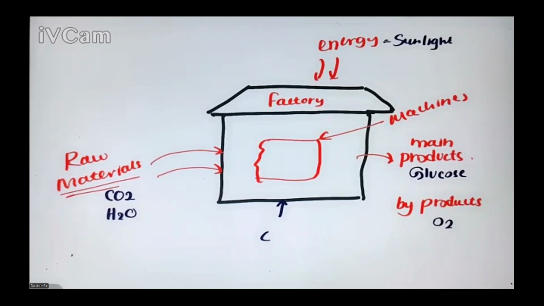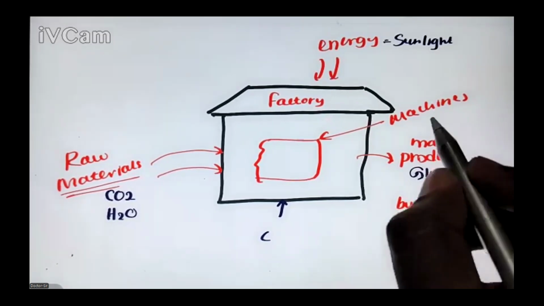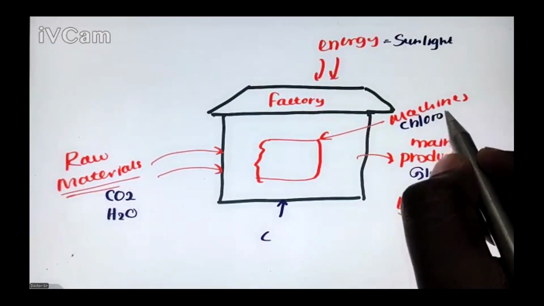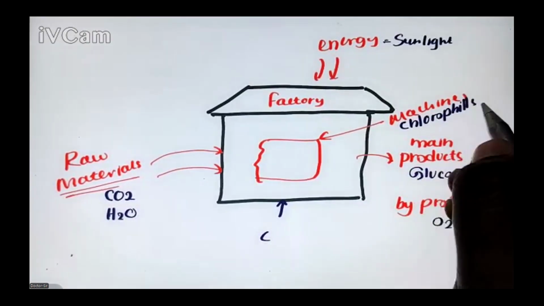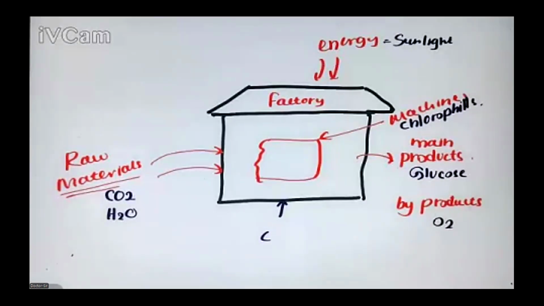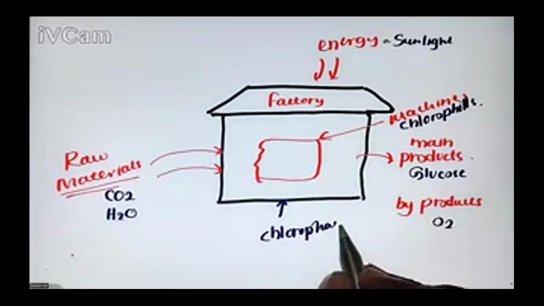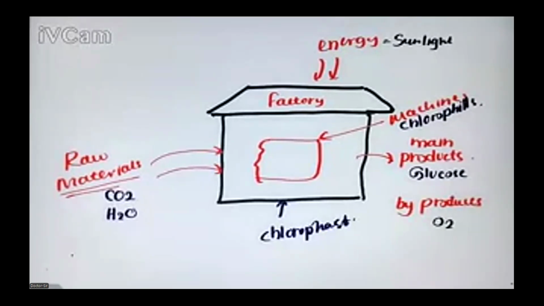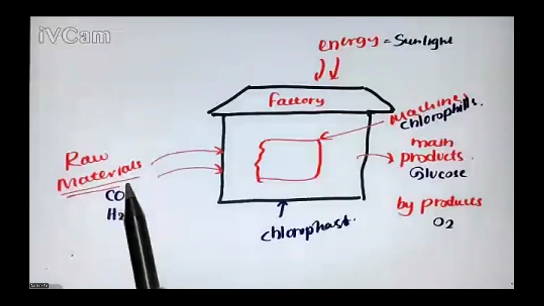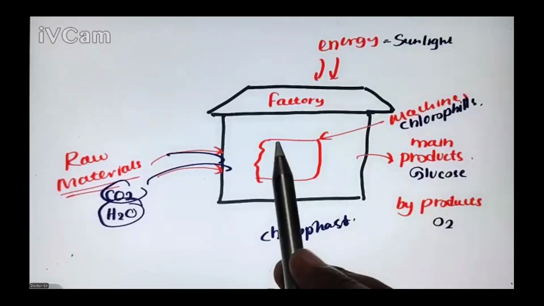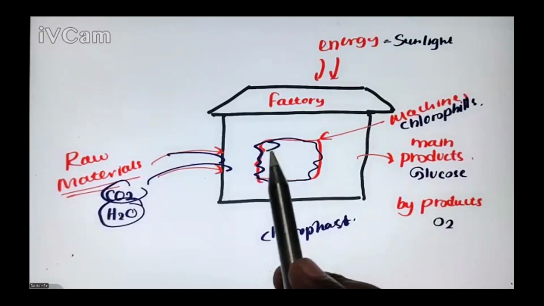chloroplast, and the machines are chlorophylls. So this is the way I remember it. The chloroplast will take in this material inside, then chlorophylls are the machines, they will do these things.